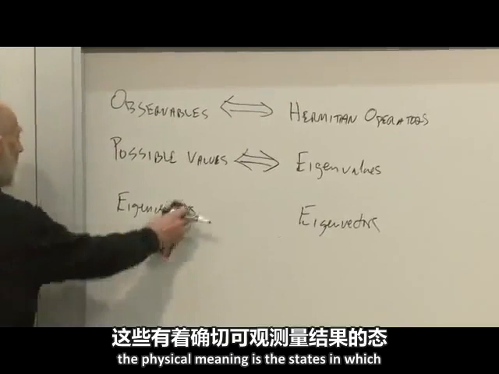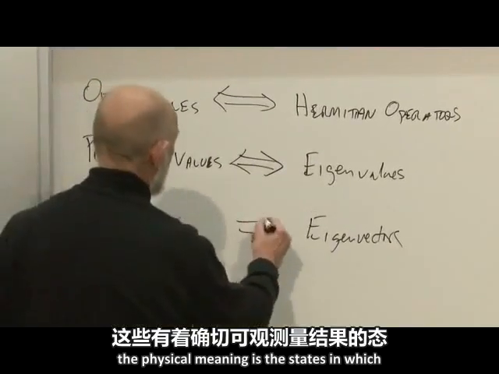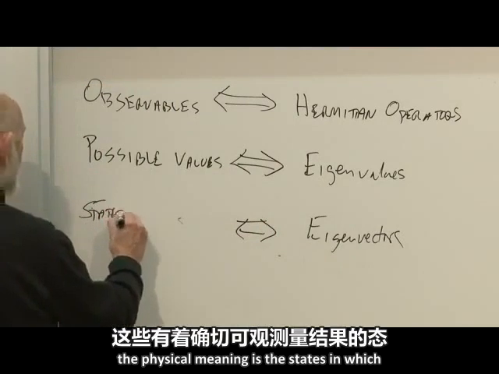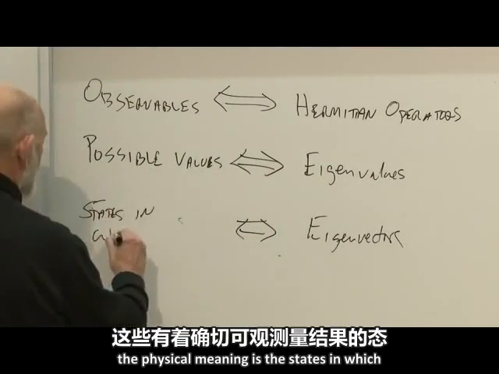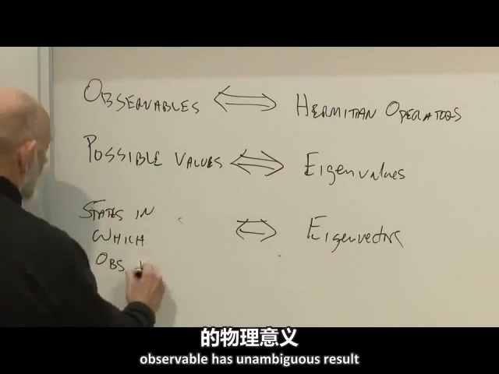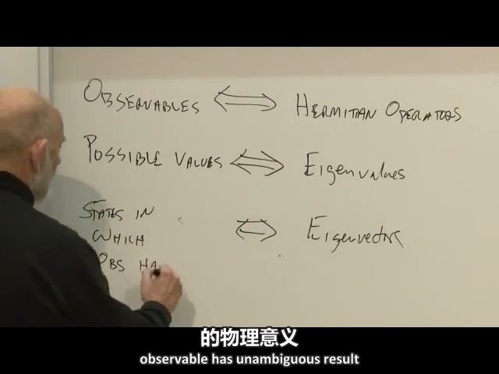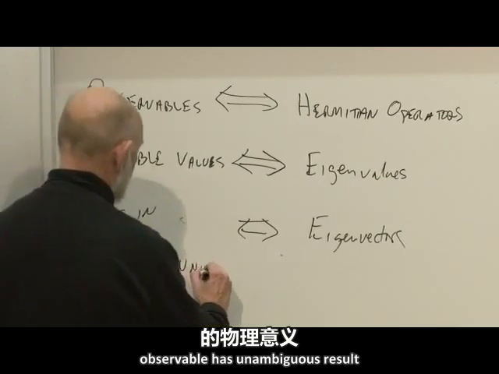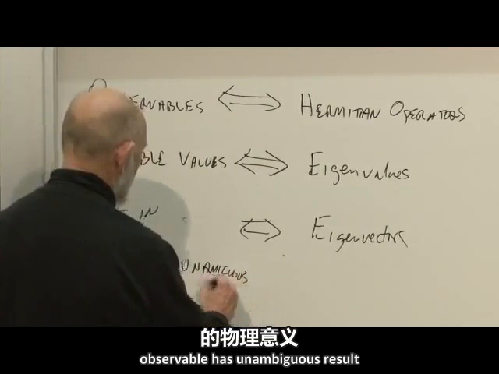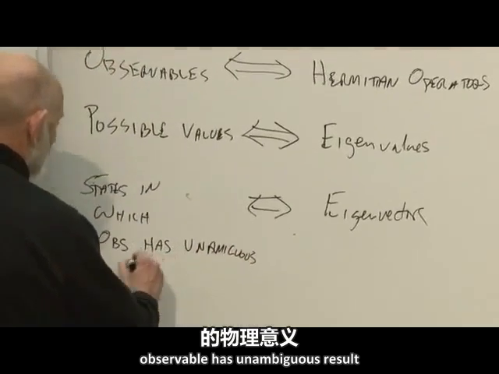The physical meaning is states in which the observable has an unambiguous result.